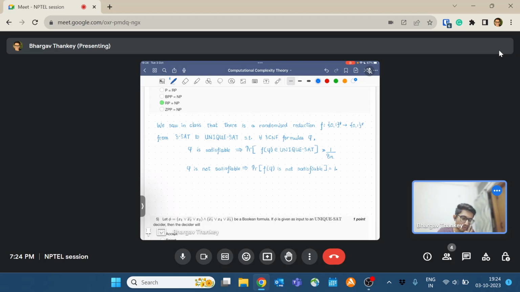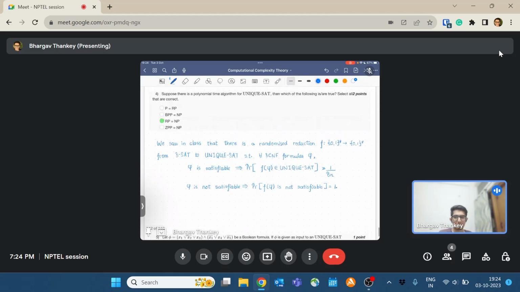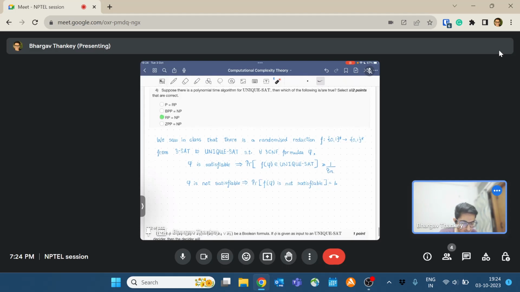Okay, so this we saw in class. Now suppose we had a polynomial time algorithm for unique SAT. Then here's how we can construct an algorithm for SAT. Take a Boolean formula phi, compute f of phi. Then using the algorithm for unique SAT, decide if f of phi is in unique SAT or not. If it is, say that phi is satisfiable. If it is not, say phi is not satisfiable.